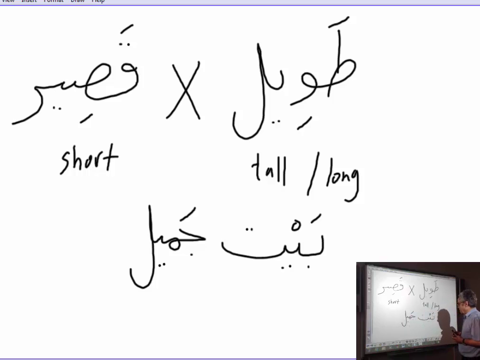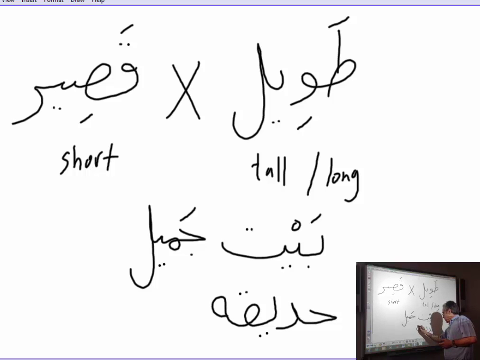But if I take a word like حديقة, you can hear me saying حديقة. حديقة is garden, or maybe the word Jannah, which is also garden. If you look at حديقة, this is the ta marbuta. It makes that word feminine. So in most cases, the majority of cases, the ta marbuta makes the noun or the adjective feminine.